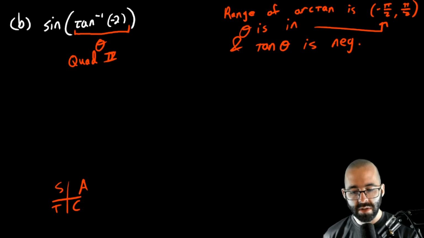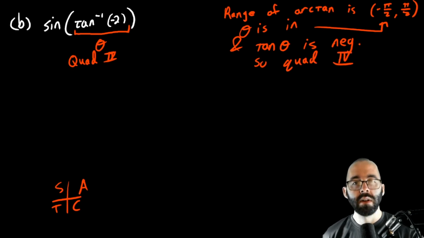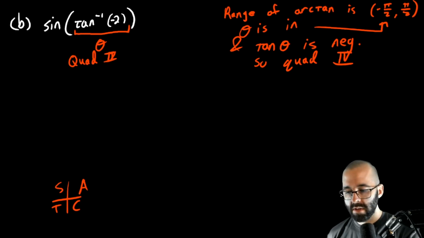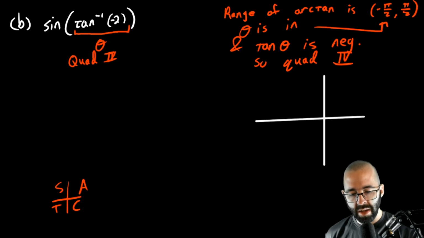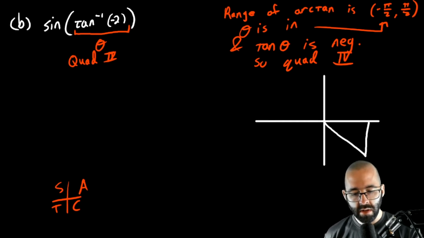That's how we chose quadrant 4. So you have some angle in quadrant 4. I don't know what it is, but this is some angle in quadrant 4 whose tangent is -2.